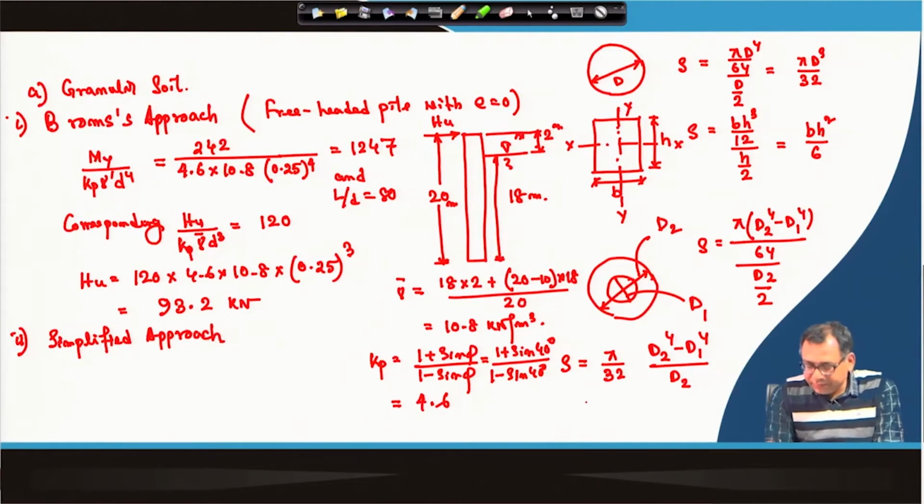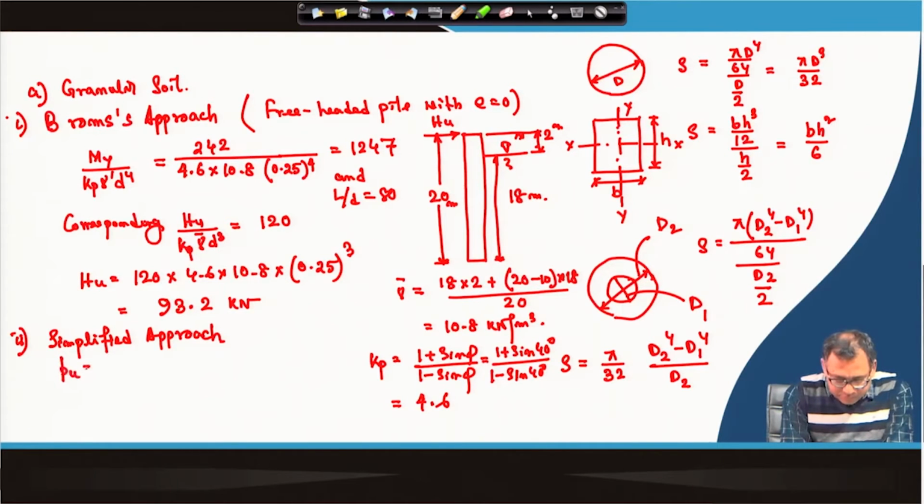Now, if I use the simplified approach, this is granular soil, so the variation will be linear. In that case Pu bar will be PL divided by 2, and PL is nothing but 3 sigma v bar Kp.